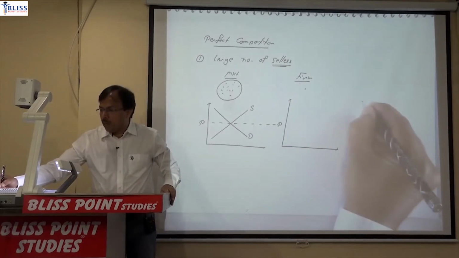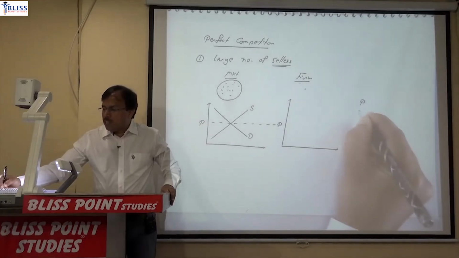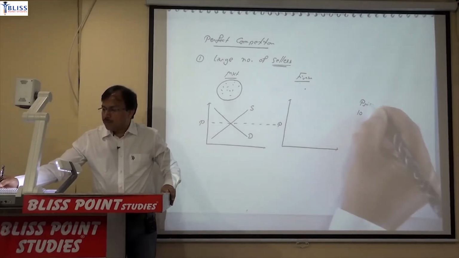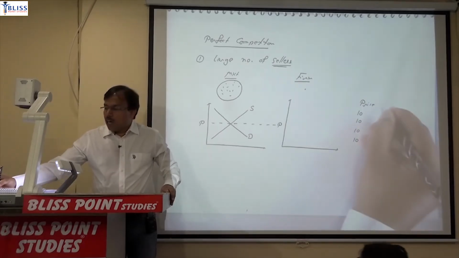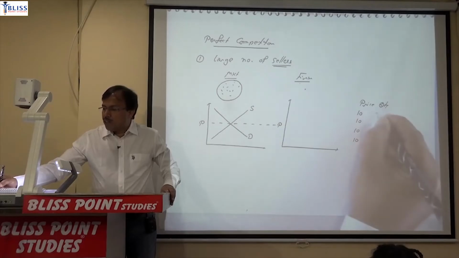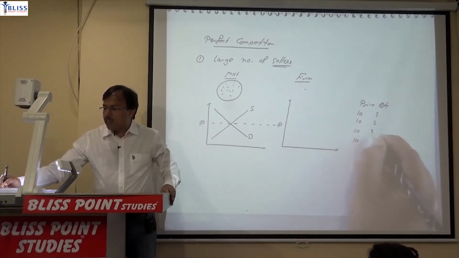Take these numerical values. If I say price is constant at 10, so keep that price constant at 10, and at same price firm can sell 1 unit or 2 unit or 3 unit or 4 unit.